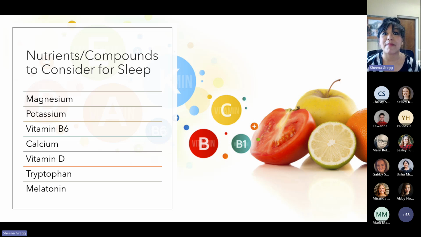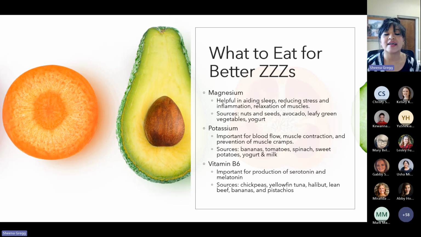I feel like magnesium in particular has been mentioned a lot, especially as we hear about different sleep supplements out there that do not contain melatonin. So, part of that conversation is magnesium.